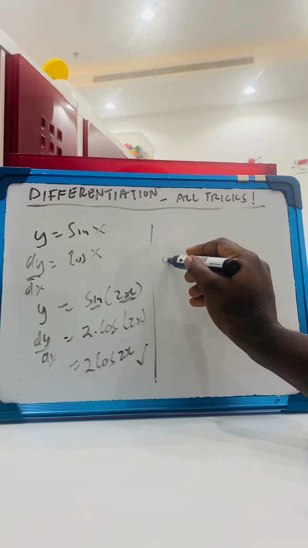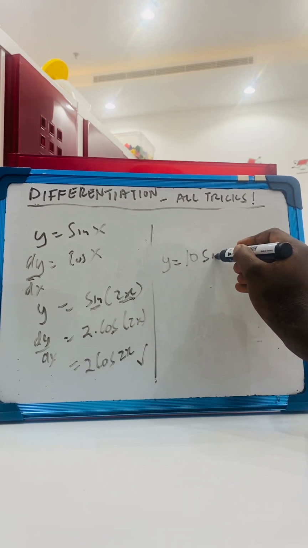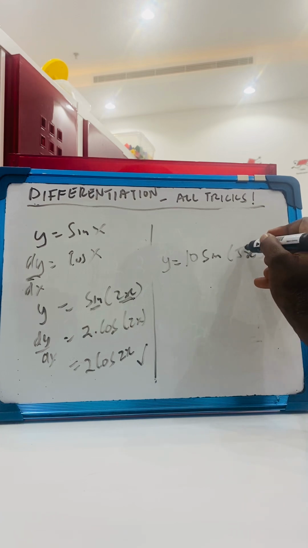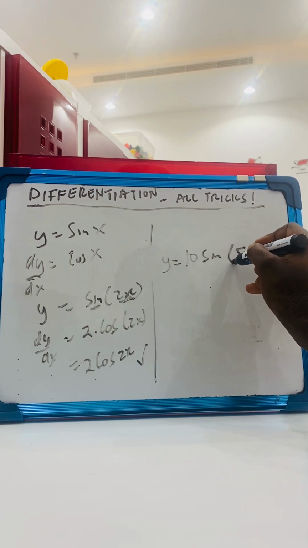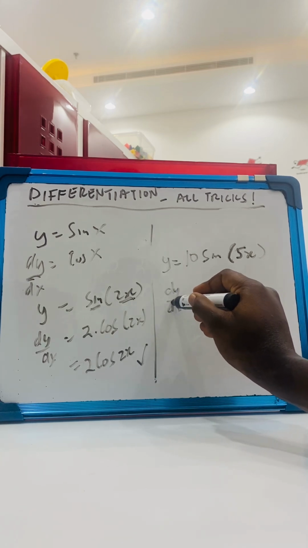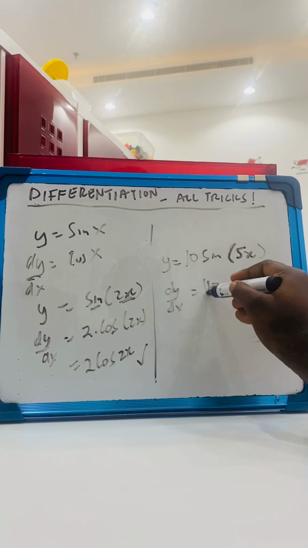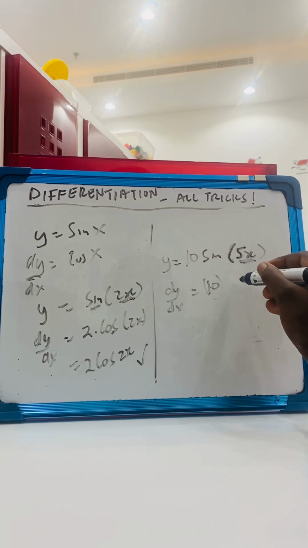Let's take another example. Let's say y is 10 sine 5x. So if I need dy dx, there is 10 here, I keep it. Now I derive what's here, derive 5x, I have 5.